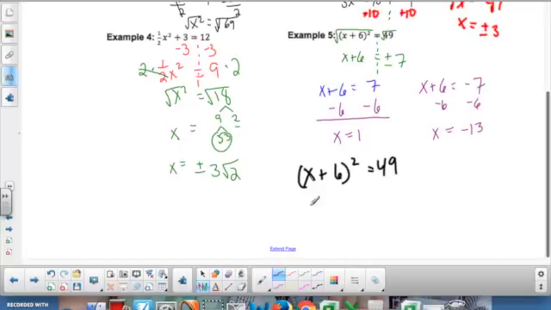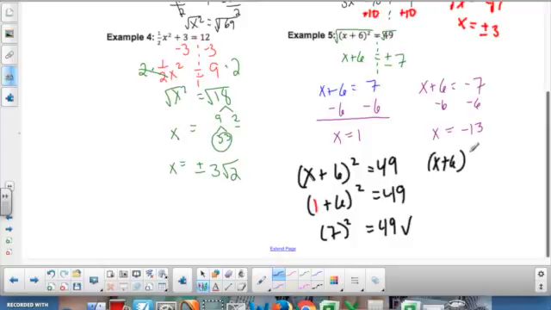Then I've got 1 plus 6 squared equals 49. 1 plus 6 is 7, and 7 squared does equal 49. So that one works.